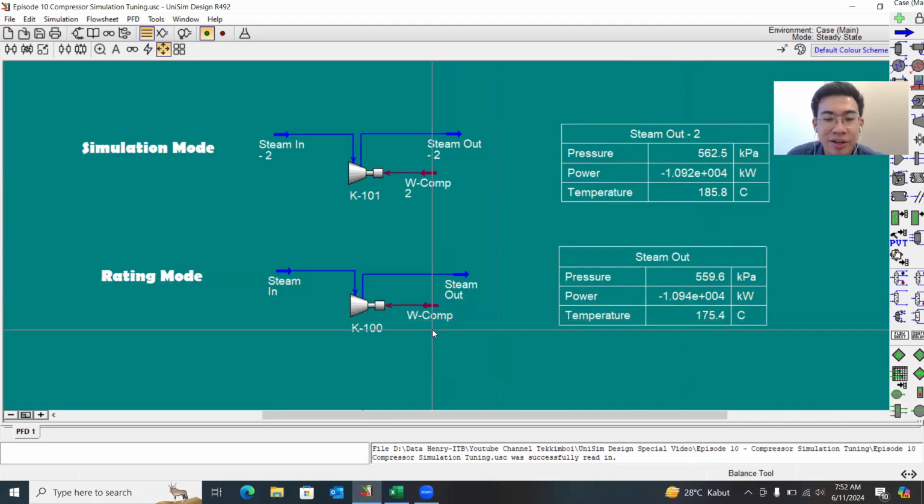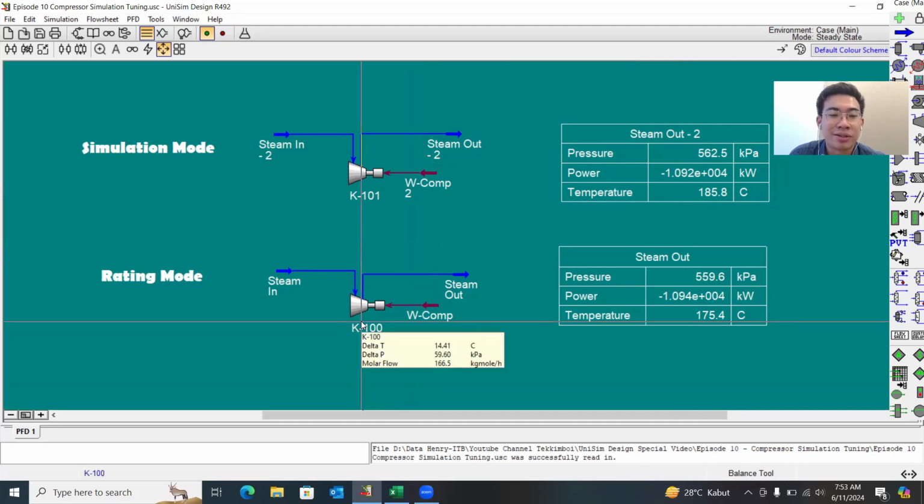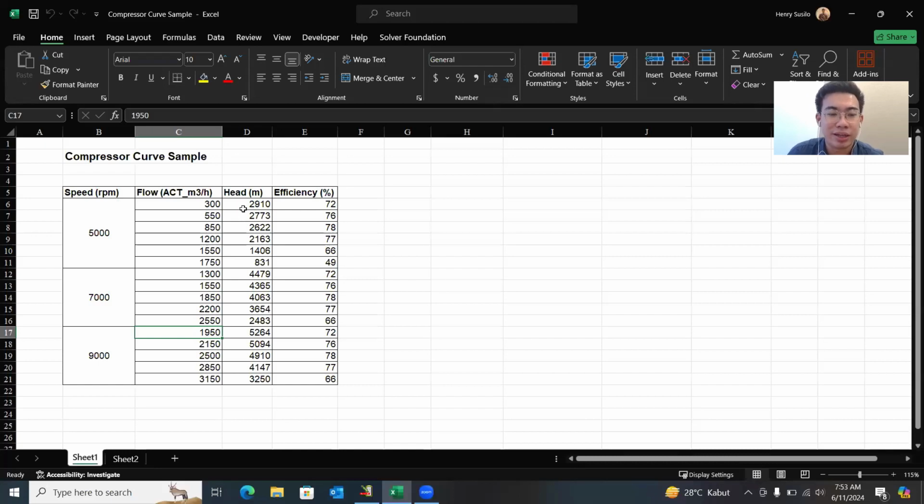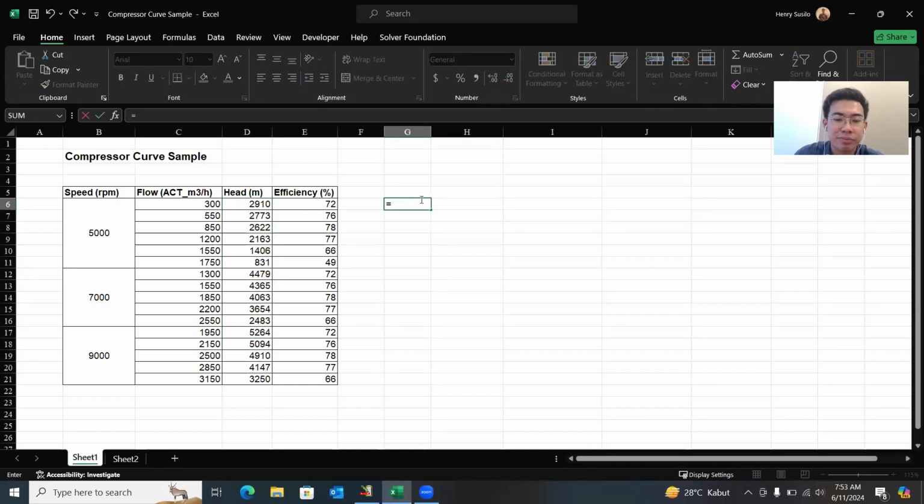This is a very normal situation for an operating compressor that is quite old, so the performance has deteriorated. So what you do is you can decrease the head here. For example, I will decrease the head by 100.